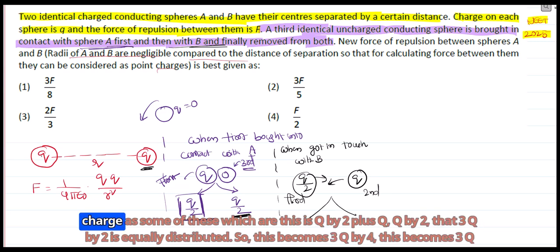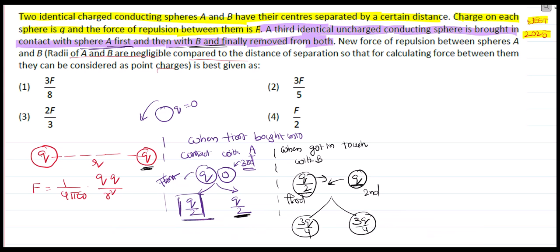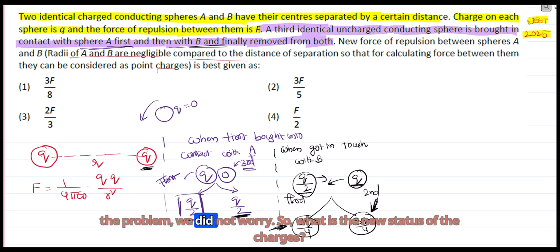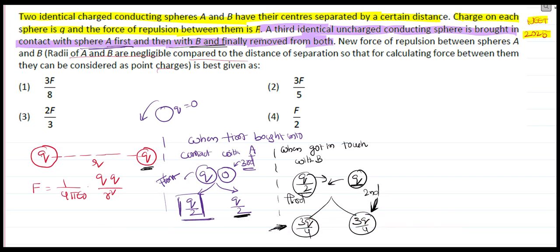They will get new charges. Sum of these two charges is Q by 2 plus Q, 3Q by 2. That 3Q by 2 is equally distributed, so this becomes 3Q by 4 and this becomes 3Q by 4. So after this, the second sphere will have a charge of 3Q by 4. The third will get 3Q by 4, but it was taken away from the problem. We need not worry.